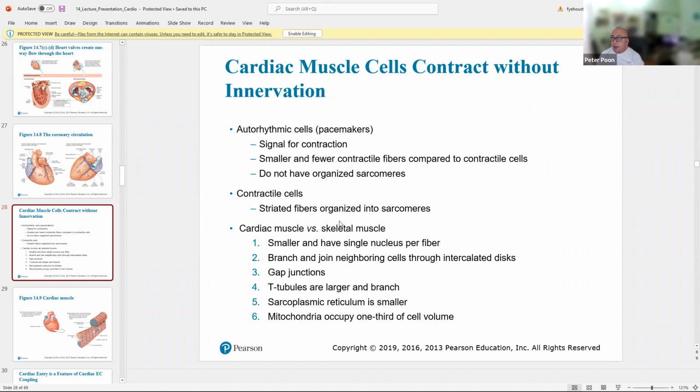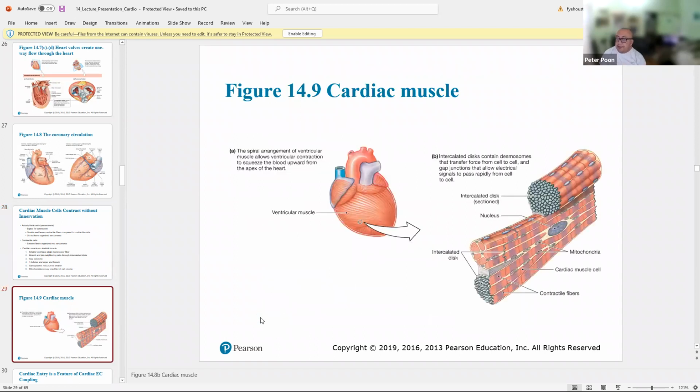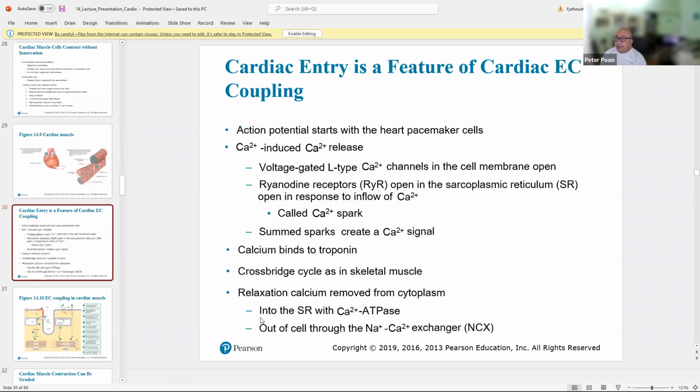So cardiac muscle versus skeletal muscle: they're smaller, they have one nucleus, and so on. They join neighboring cells through intercalated discs, and they have gap junctions. They have more mitochondria because you're constantly using your heart every single second, so you need more mitochondria to produce energy.